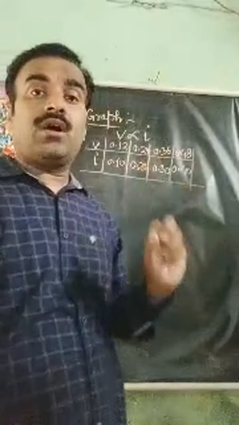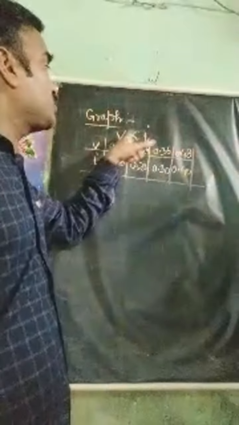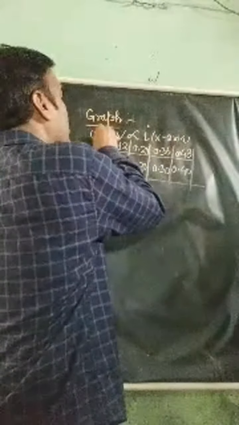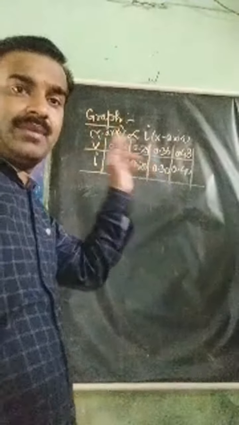On that basis suppose you have to draw the graph. Already explained that since V is proportional to I, this one you have to take on the x-axis and this one on the y-axis. Why will it be taken on the x-axis and why on the y-axis?